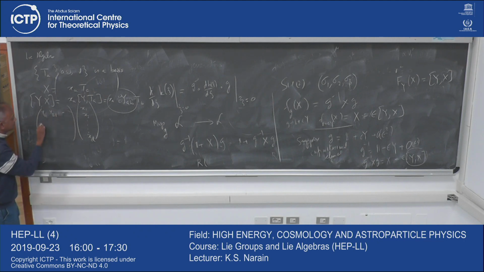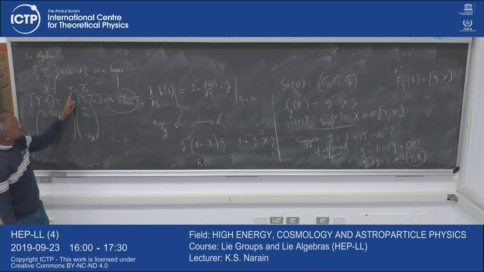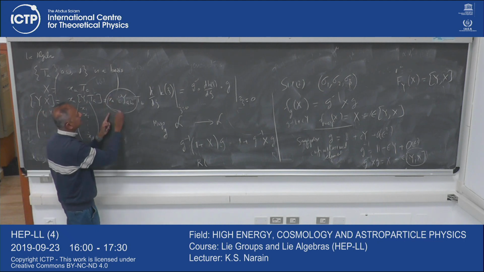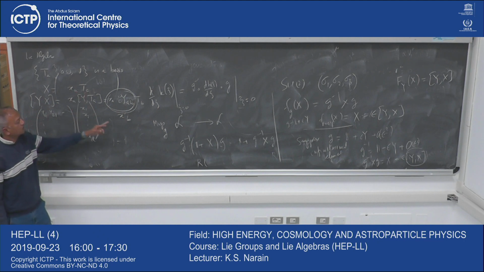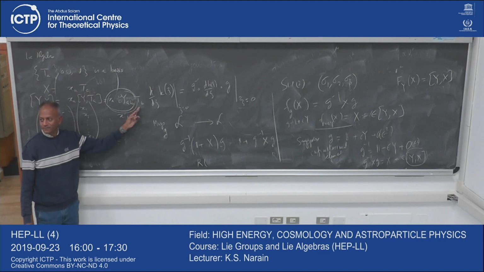So you have this d by d matrix, and what we are doing is, I started with some x_A. Now what has happened? This is some x prime B. So x_A T_A has gone to x prime B T_B.